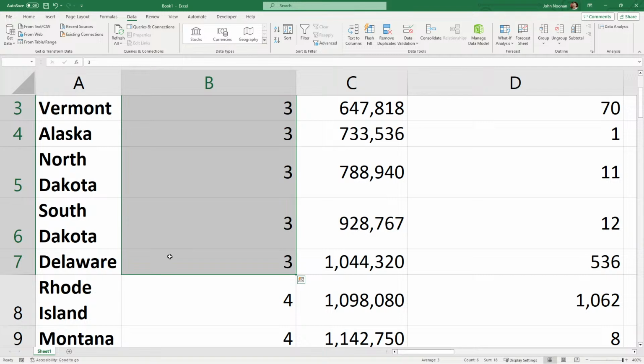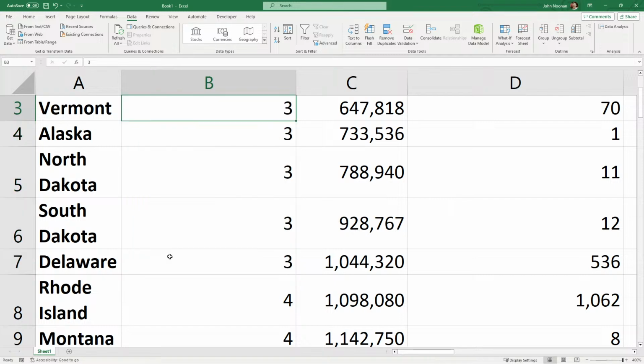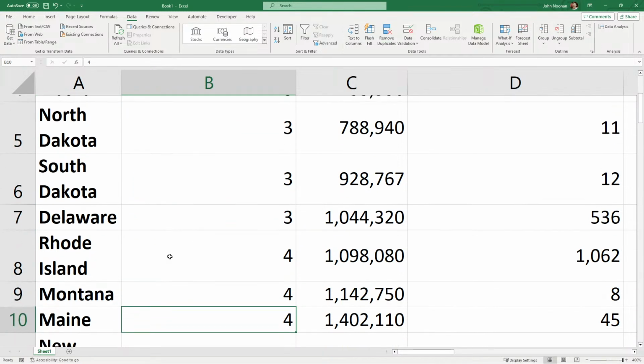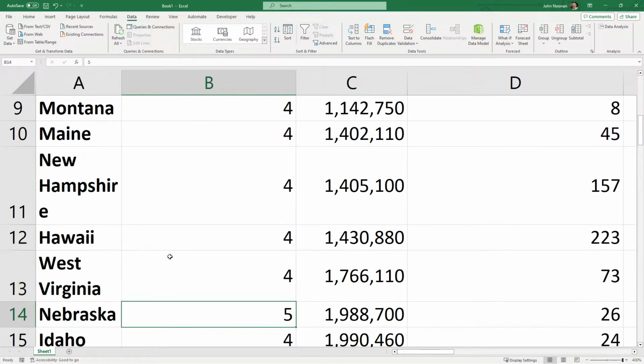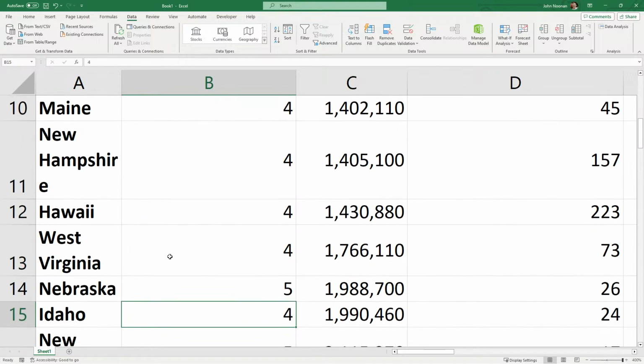But anyway, getting back to this, you have 7 groups that have 3 votes, and then I think there's also 7 with 4 votes, and then 5 votes.